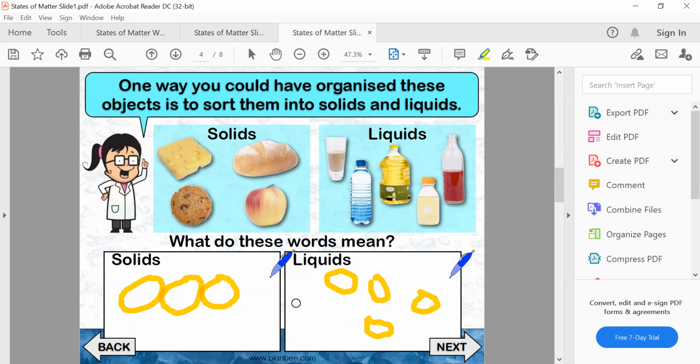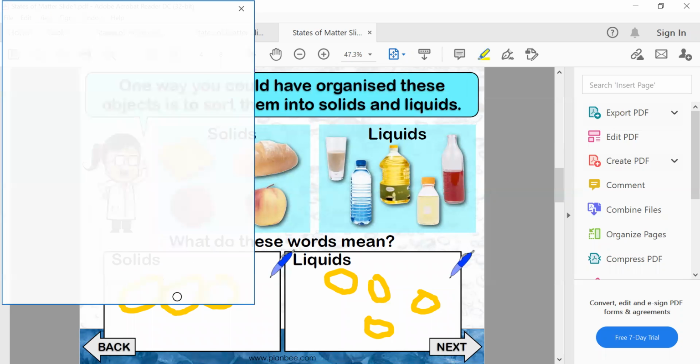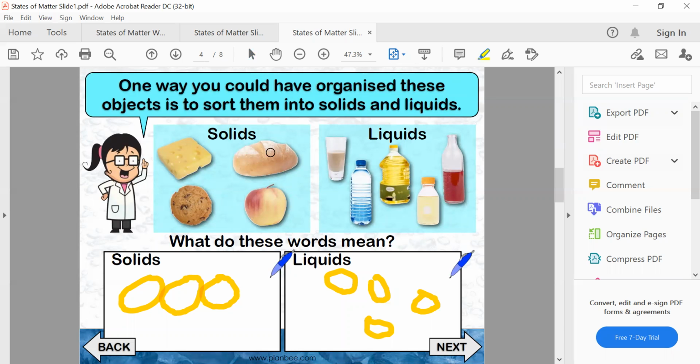If it was a gas, they would be really random. One here, one here, one here, one here. We're just focusing on solids and liquids today. So why are the molecules all tightly packed? Well, in a liquid they're able to move, so the liquid can flow out. Whereas in a solid, they don't move. They just vibrate, so everything moves a tiny bit, but it stays in one fixed position until we, of course, break it.